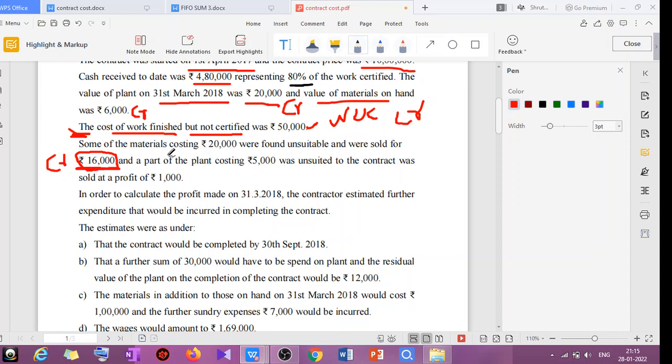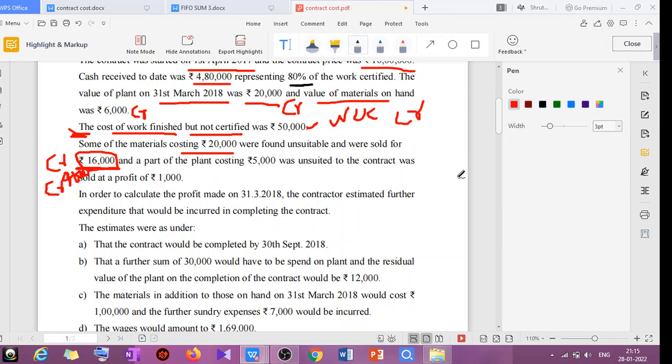Now one more thing regarding whether you have incurred profit or loss. Here cost was 20,000, sold for 16,000, so there is a loss of 4,000. Whenever there is a loss on sale of any material, that will be written under credit side of the contract account. That is the loss value, 4,000. Is that clear to you?